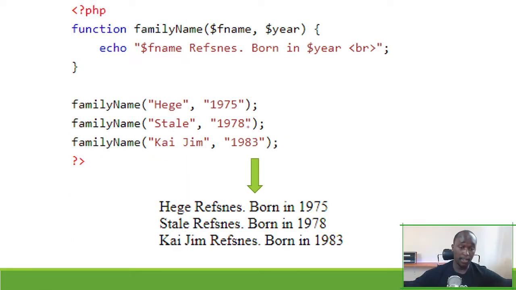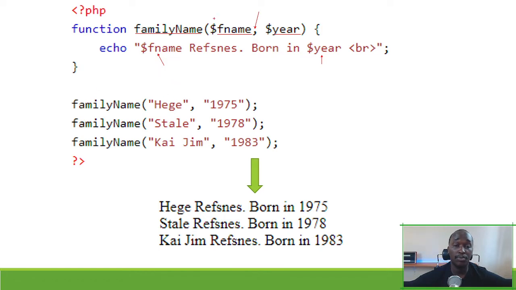Now in this second one, we are passing two arguments. So the name again is family name, but we are passing the fname. Then you see, if we want to pass another argument, we separate with a comma. Then the next one here is the year, and we're printing them in this particular statement: their name and the year they were born.